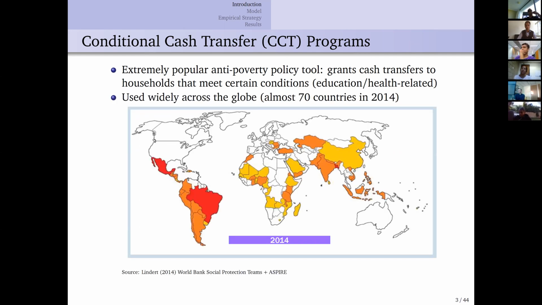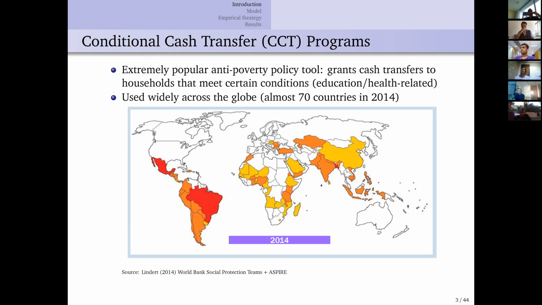And this is a slightly dated figure, from 2014, but already in 2014, we can see that these CCTs were being used very widely across the globe. The red countries, basically only Mexico and Brazil, are the two countries that had programs in the 1990s. The orange countries, I believe, had programs by 2010, and then the yellow ones more recently than that.